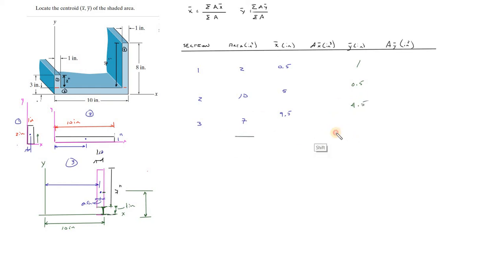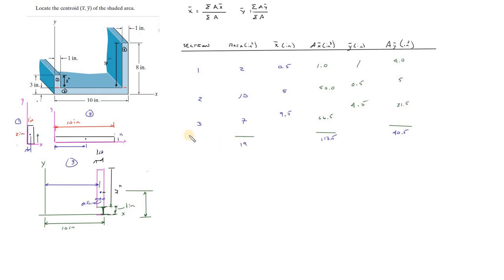And now it's all our calculator. So we're doing area times x, and then we're doing area times y. So these are my values: 1.0, 50.0, and 66.5. And then over here, I got 4.0, I got 5, and I got 31.5, which gives me the values of 19, 117.5, and 40.5.